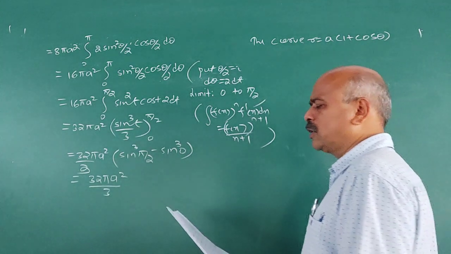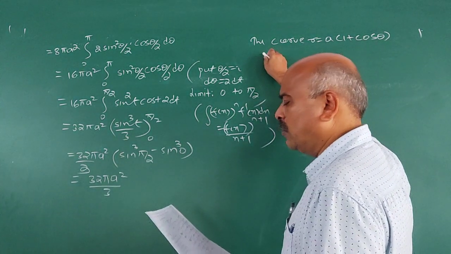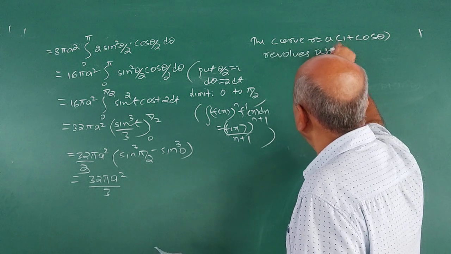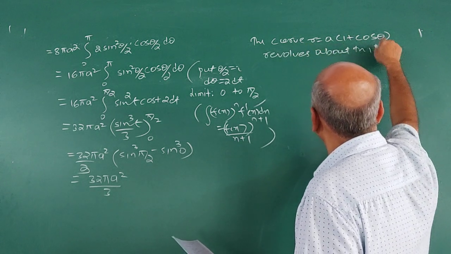r is a into 1 plus cos theta. It revolves about the initial line.